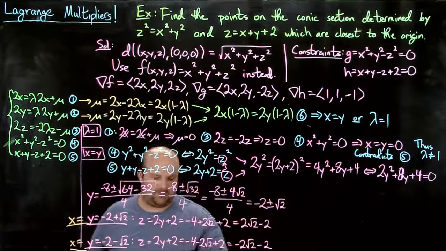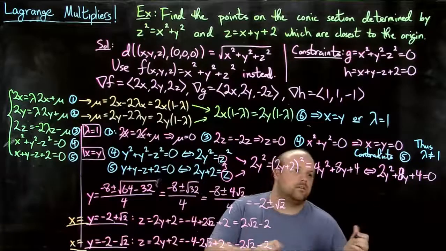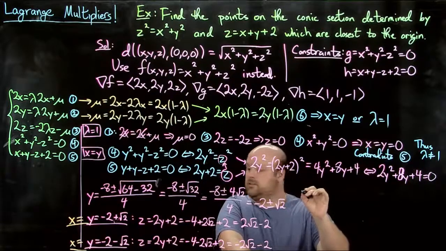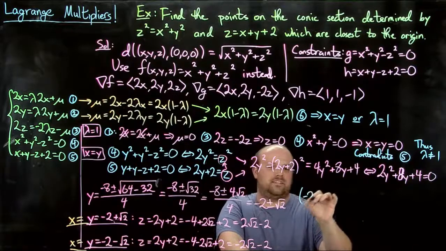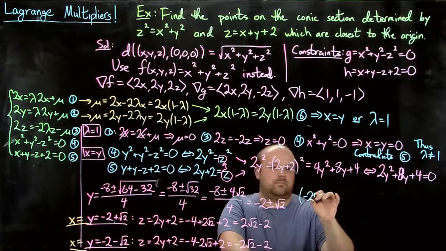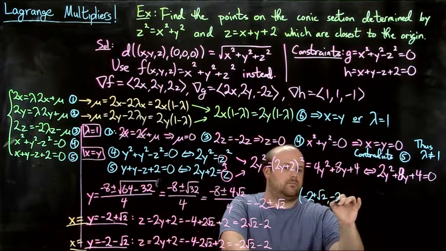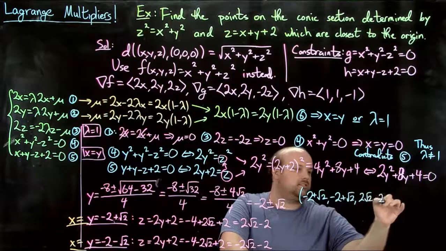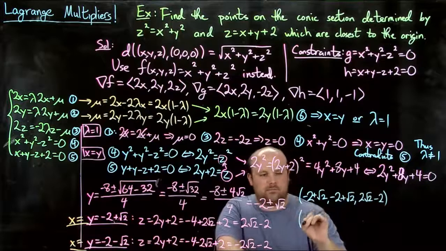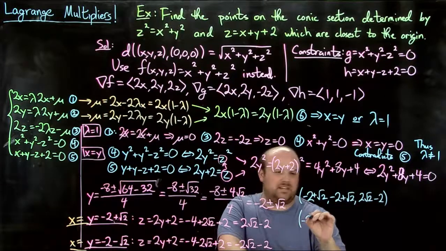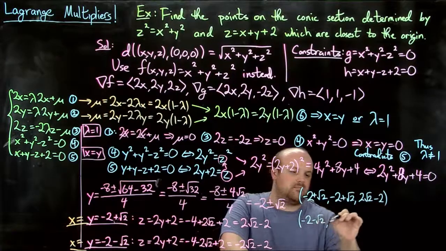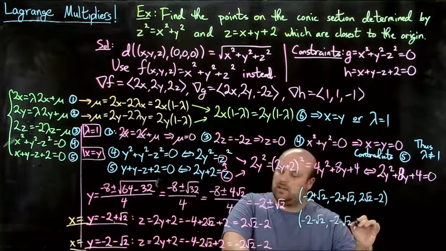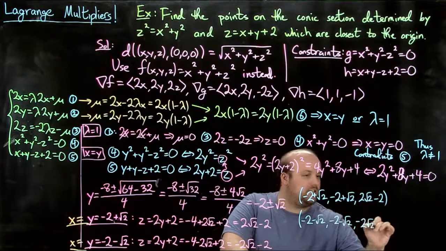So we have 2 points: negative 2 plus root 2, negative 2 plus root 2, and 2 root 2 minus 2. And likewise, negative 2 minus root 2, negative 2 minus root 2, and negative 2 root 2 minus 2.